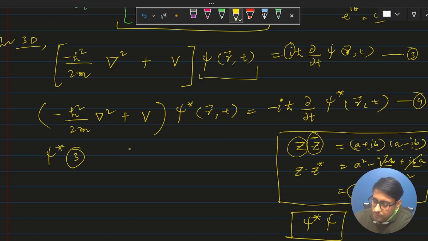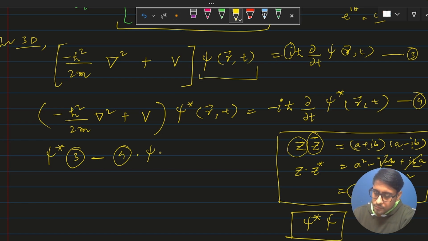So minus the equation number 4, and then psi. If we subtract these two things, what are we going to get? Let's do some algebra.